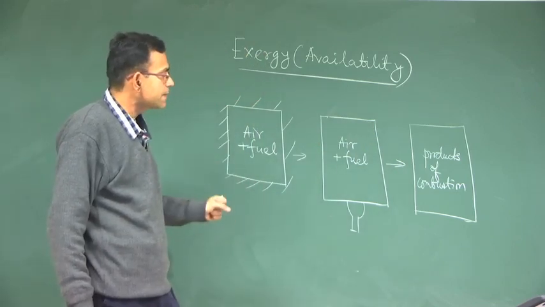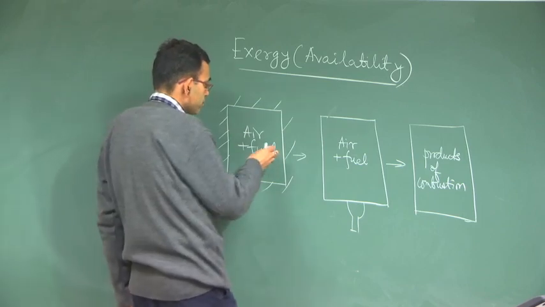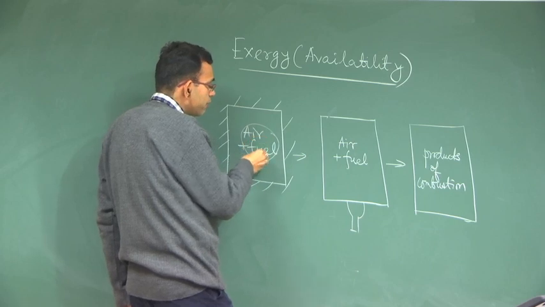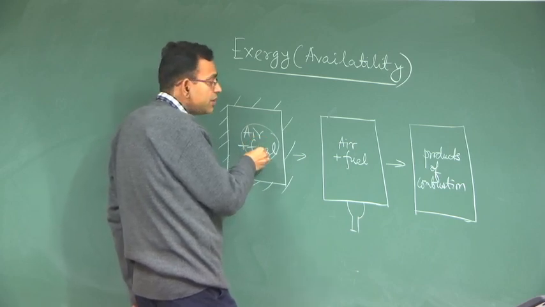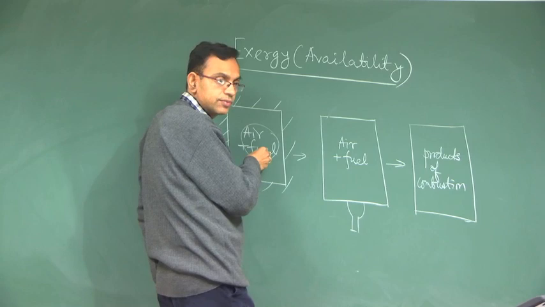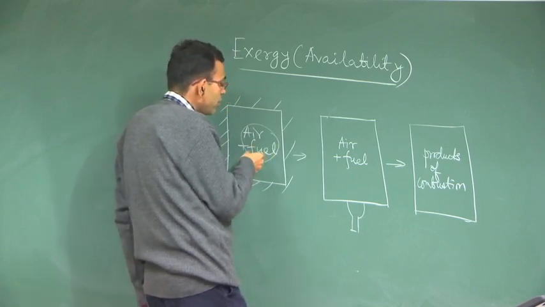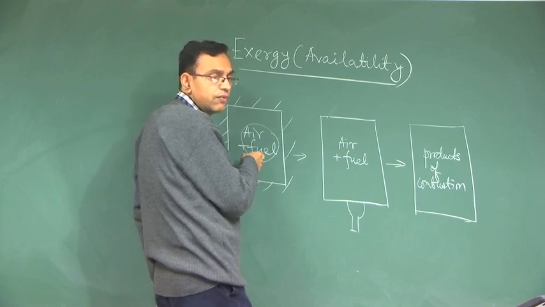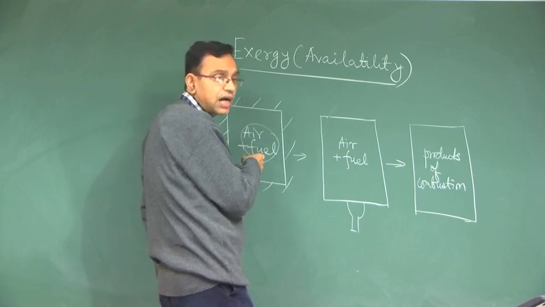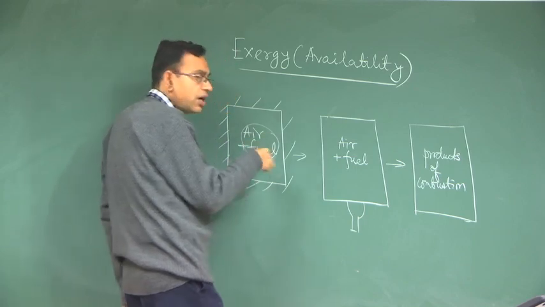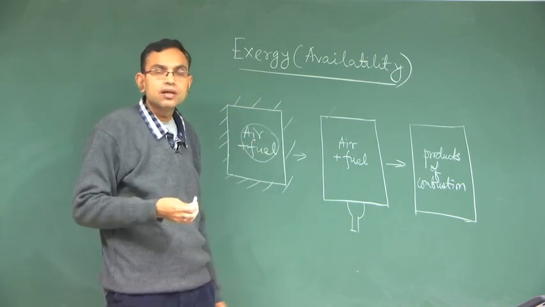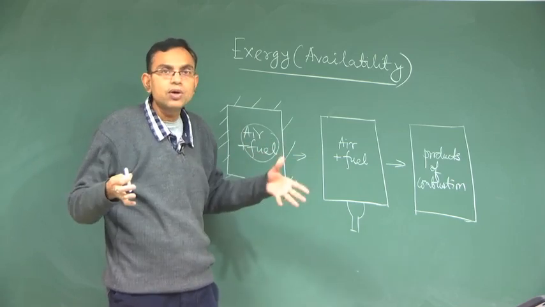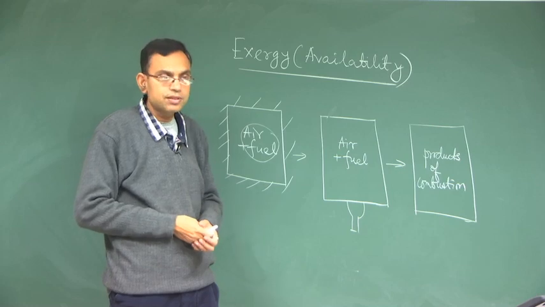But what happens is that here you had air and fuel with tremendous potential of doing work. Why? Because you could have used this fuel to run a power plant, to drive a car, to do many tasks. In other words, the chemical energy associated with the fuel could be used for many purposes.